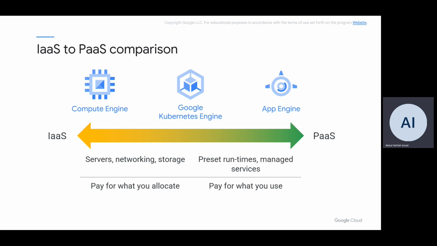Now we will introduce you to containers and GKE, the Google Kubernetes Engine, which is a hybrid that conceptually sits between the two, offering the managed infrastructure of an IaaS with the developer orientation of a PaaS offering.